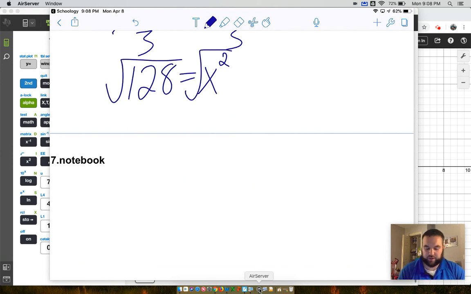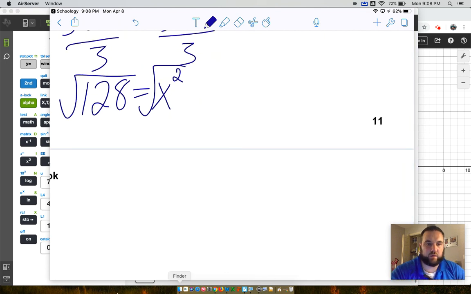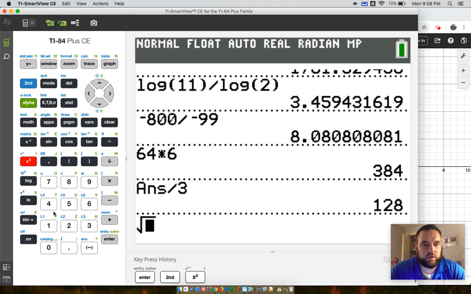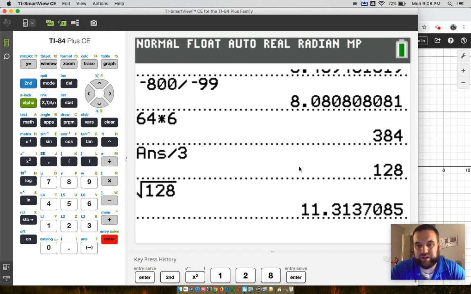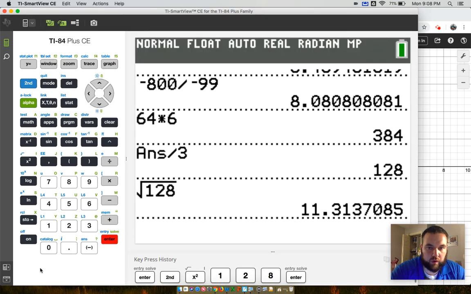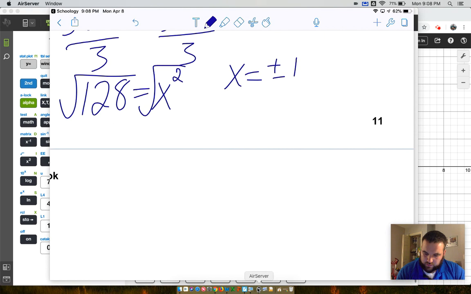When I square root both sides, the square root of 128, the key here is that even though the calculator is only going to give me positive 11.3137, since I'm square rooting, I do need to remember that this is technically plus and minus. 11.3137.